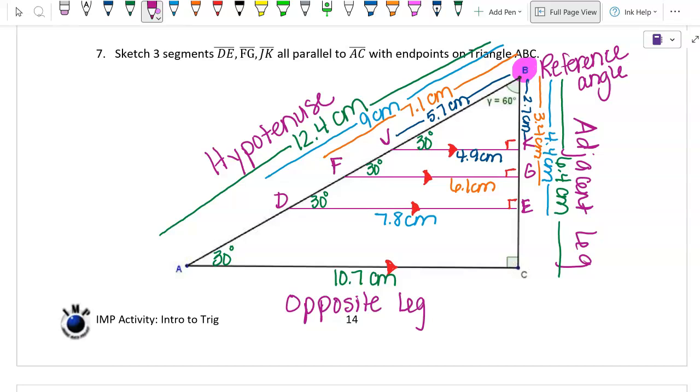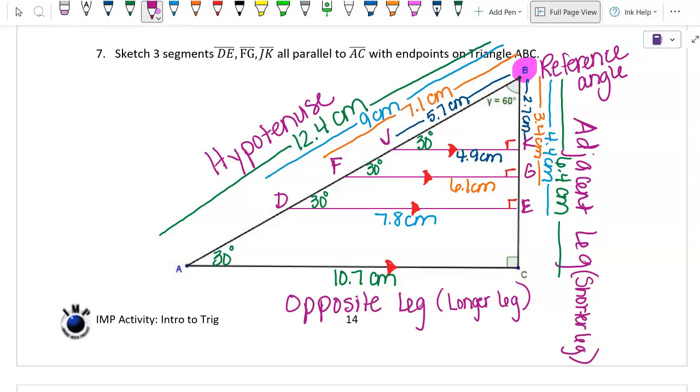Based on B being the reference angle and that being 60 degrees, that opposite leg would also be known as our longer leg. Which means the adjacent leg would be known as our shorter leg because the hypotenuse does not change.